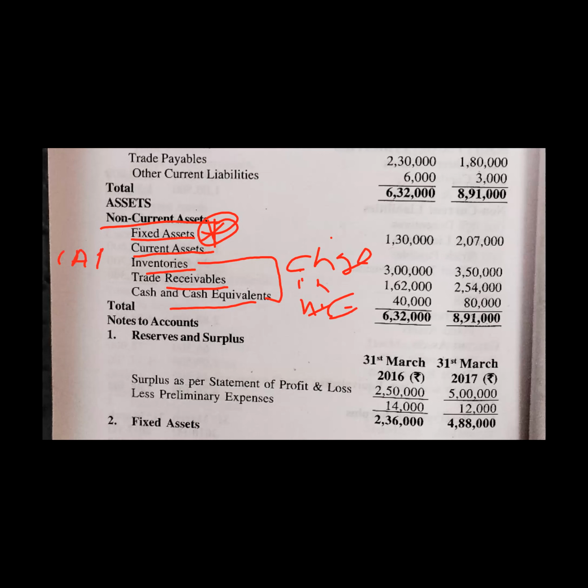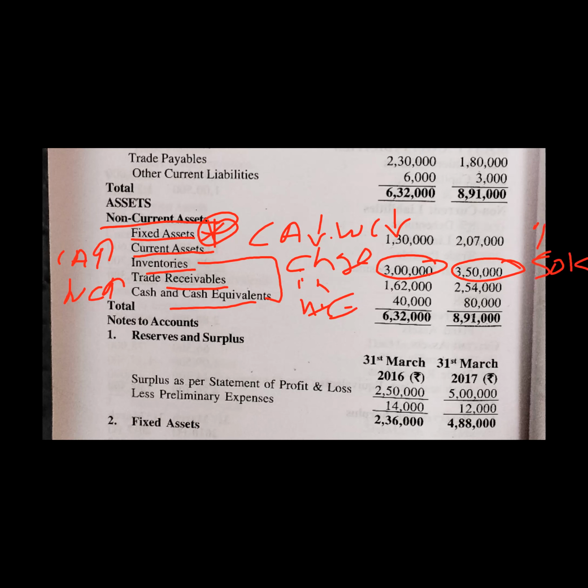If current assets increase, working capital increases. If current assets decrease, working capital decreases. This is the rule for current assets. So inventory is 3 lakhs and 3,50,000. Is it increased or decreased? Increase, so it will come under increase, 50,000.